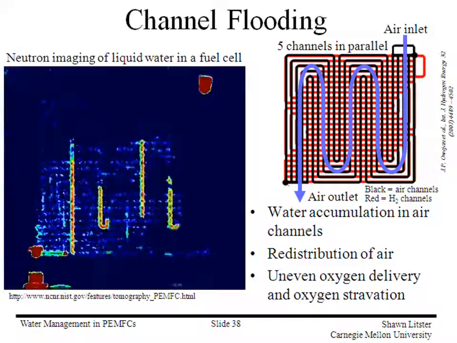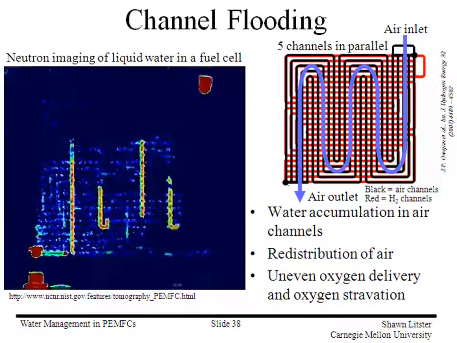So here are some images of what flooding would look like in the channels. On the left is, I believe, neutron imaging of a fuel cell, and you can see in the red and green locations where the channels have become completely flooded with liquid water.